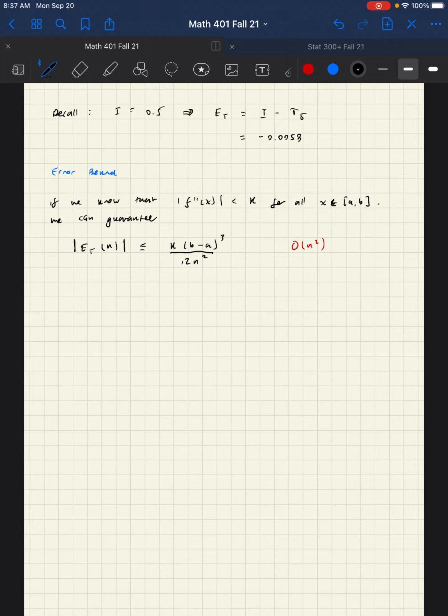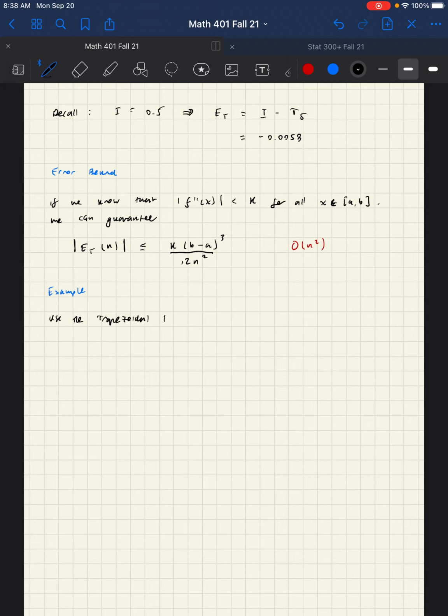But our error bound is greater than the error bound for the midpoint rule. So it seems like we're not improving, but for practical purposes, usually these are at least as good as each other. This one is even computationally less complex because you're using the function values that were given to you. Okay.